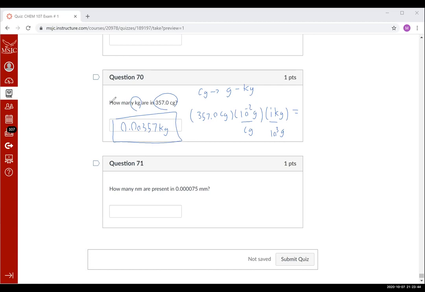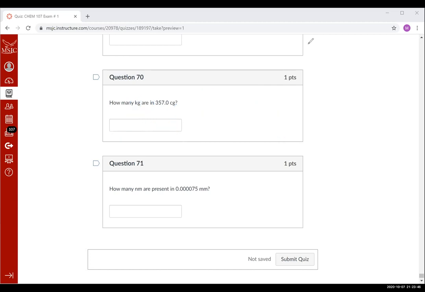Okay, so let's keep going with this. For our final problem, we're asked to figure out the nanometers present in a given number of millimeters. So we're going from millimeters to meters to nanometers. Starting off, I'm going to write this in scientific notation. We have 7.5 times 10 to the negative 6th millimeters.